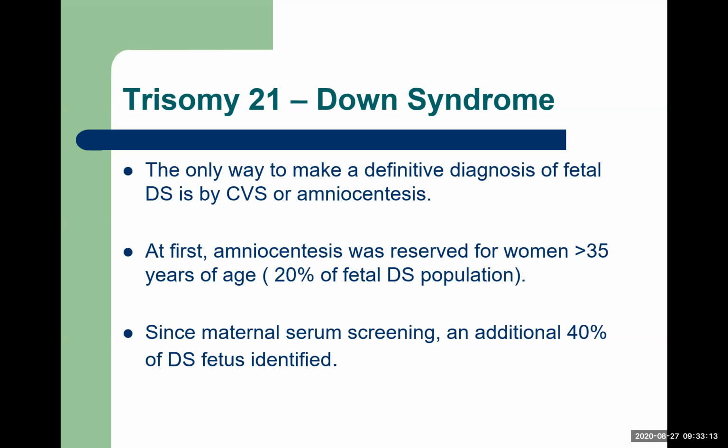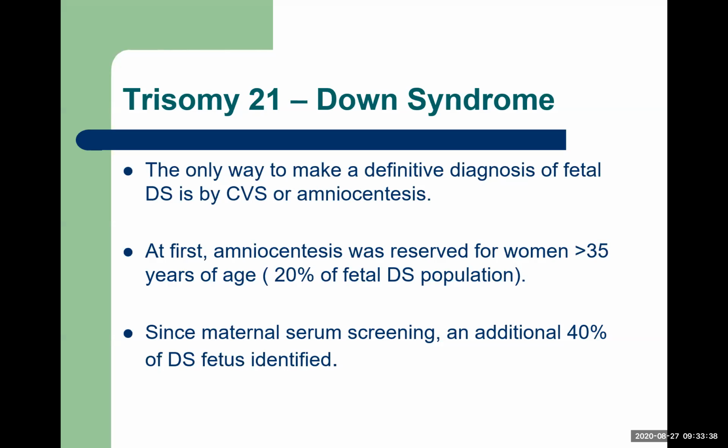And this is something that shows how much AFP has revolutionized the detection rate. At first we would offer amnios only to women of advanced maternal age, which is considered to be greater than 35 years of age.